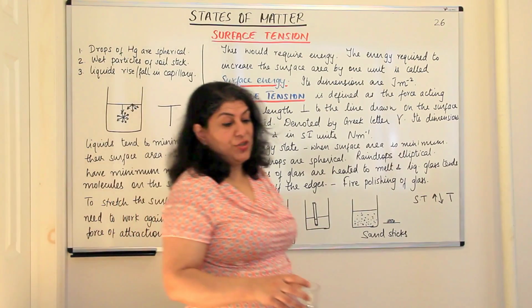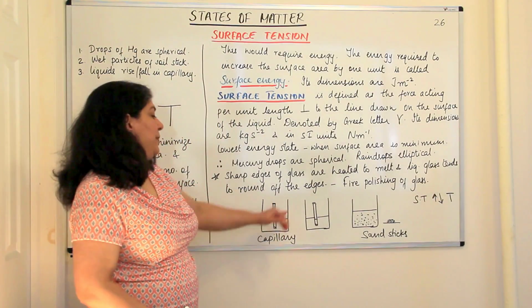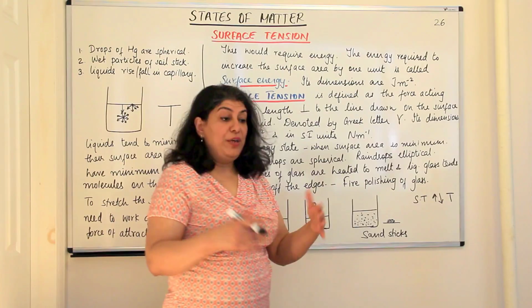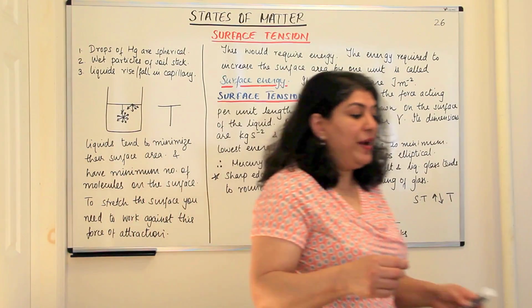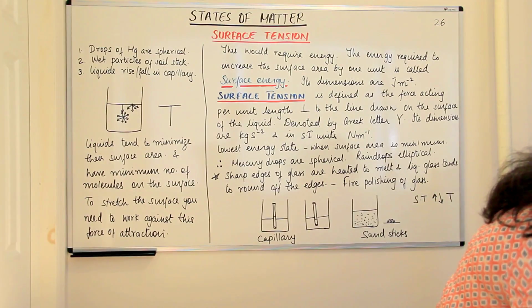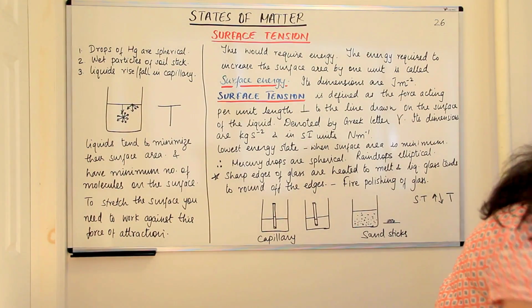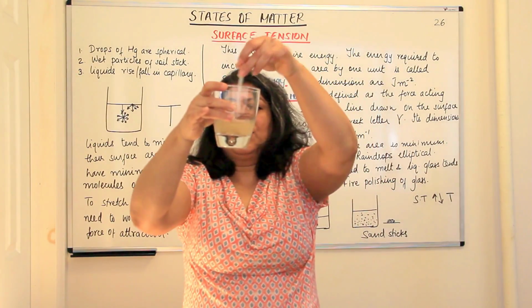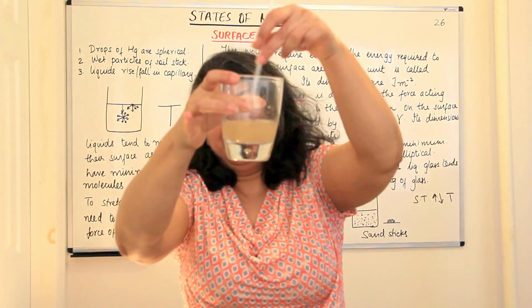So these are just the examples that I showed you, capillary action, and then I showed you that sand, when it is inside the water and you're moving it, it would very easily move. See, if I have sand in this glass, and I just move it with a straw, the particles are freely moving.